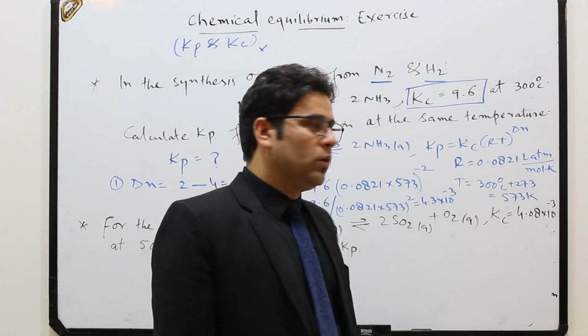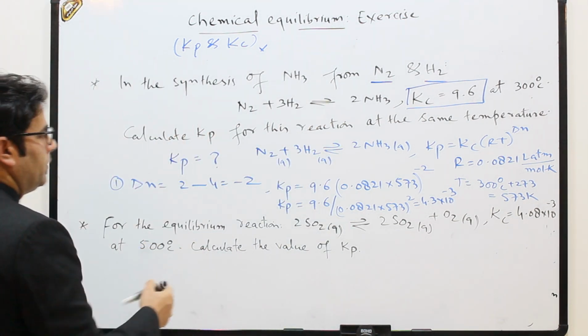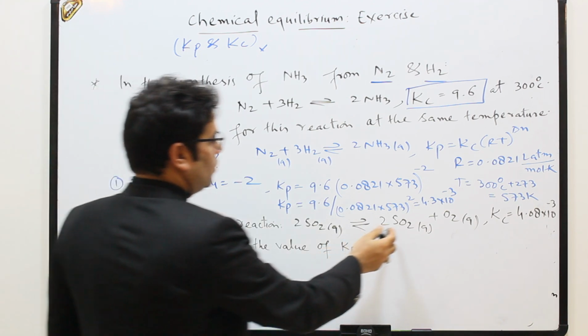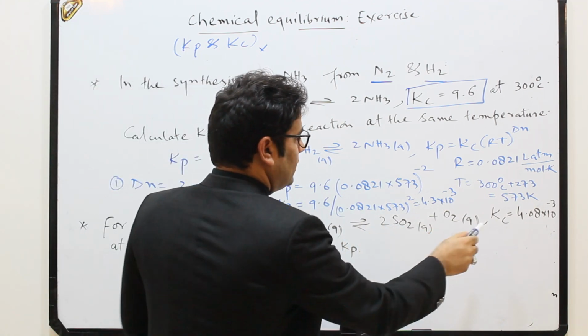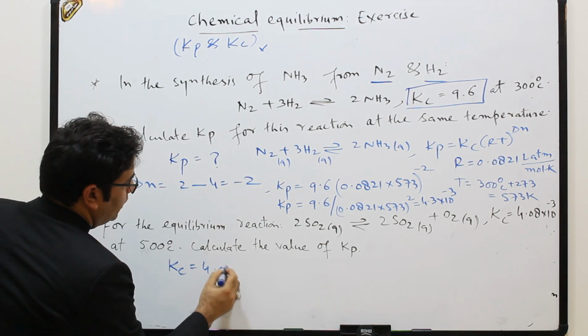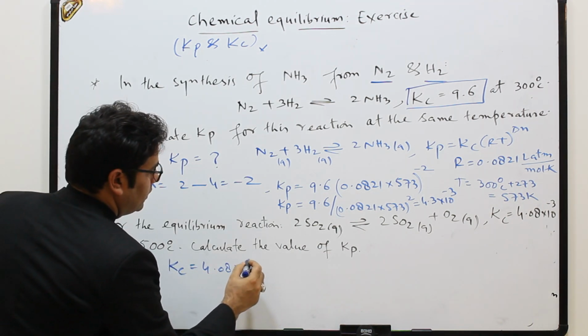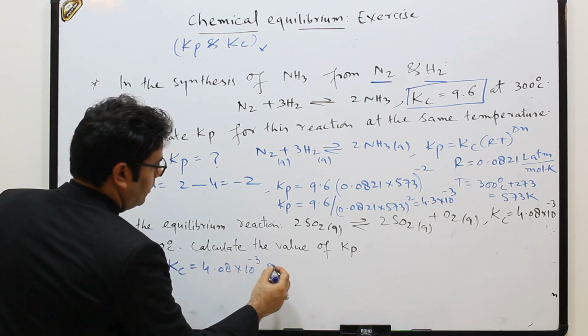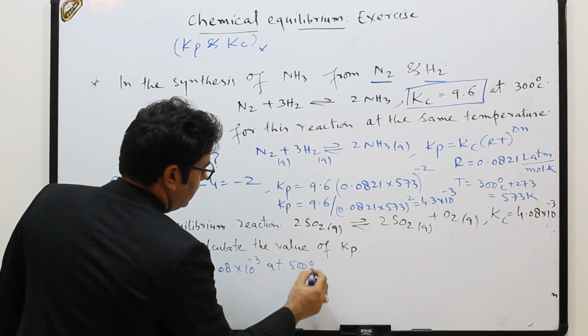Now if you have to solve this problem, here it is given for the equilibrium reaction: 2 SO3 gives 2 SO2 plus O2. Kc is given here also. We have Kc as 4.08 times 10 to the power minus 3 at 500 degree centigrade.